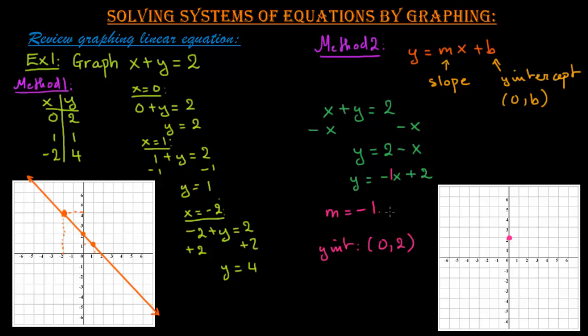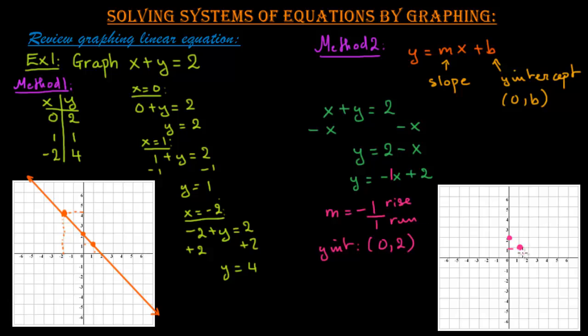To graph this one, I have to start at the y-intercept. That's my first point, (0, 2). Then we do rise and run based on the slope. The slope is negative 1. I want to write it as a fraction, so it's negative 1 over 1, so that I can do rise over run. Since the rise is negative 1, it falls down 1 unit, so go down 1 and run to the right 1 unit.